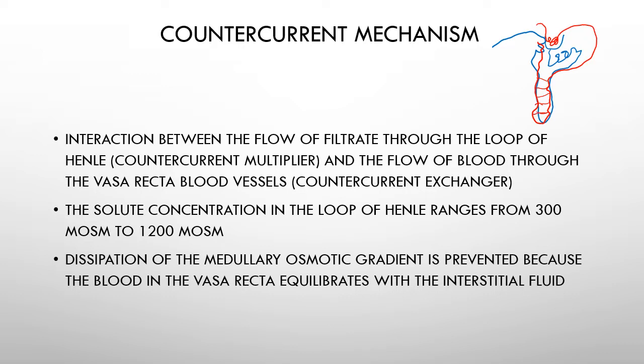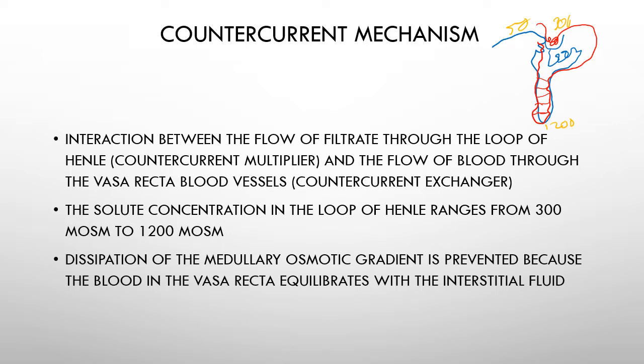That creates this ability to go from up here where it's coming out at about 300, to where we're down at the bottom at around 1200. And if we want to, we can get it down to about 50 or so as it comes down through the remaining components of the collecting duct itself. So we can change those amounts quite a bit if we really need to.